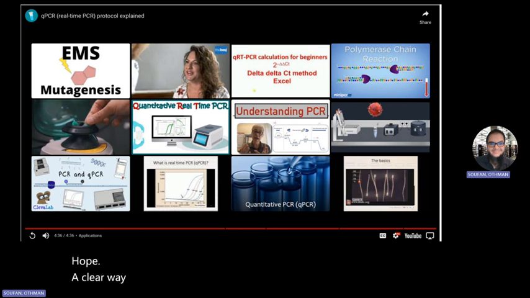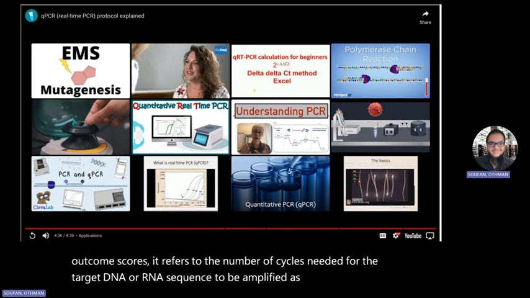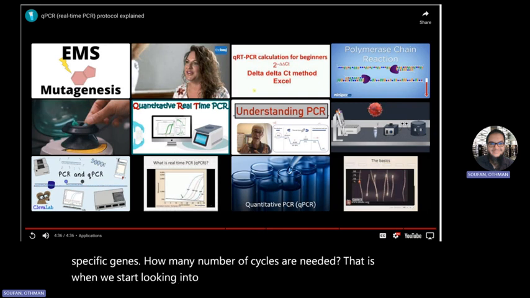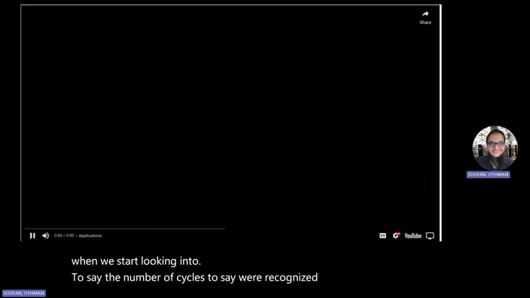So the CT value, as the threshold is defined in our experiment, once we get the outcome scores, refers to the number of cycles needed for the target DNA or RNA sequence to be amplified as we look at specific genes. How many cycles are needed? That is when we start looking into the number of cycles to recognize the CT value.